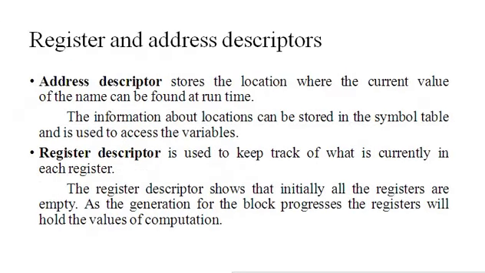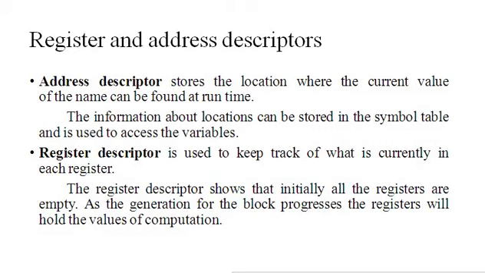Next is register and address descriptors. The code generator algorithm uses descriptors to keep track of register contents and addresses for names. The address descriptor stores the location where the current value of the name can be found at runtime, and the information about location can be stored in the symbol table and is used to access the variables.